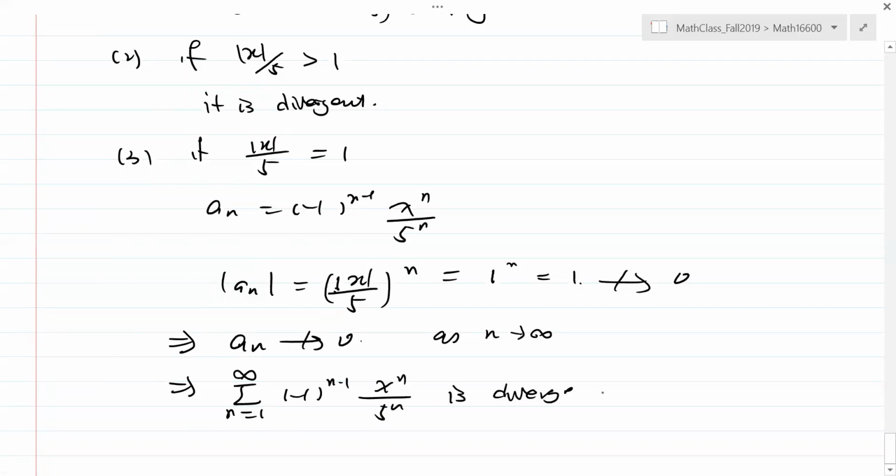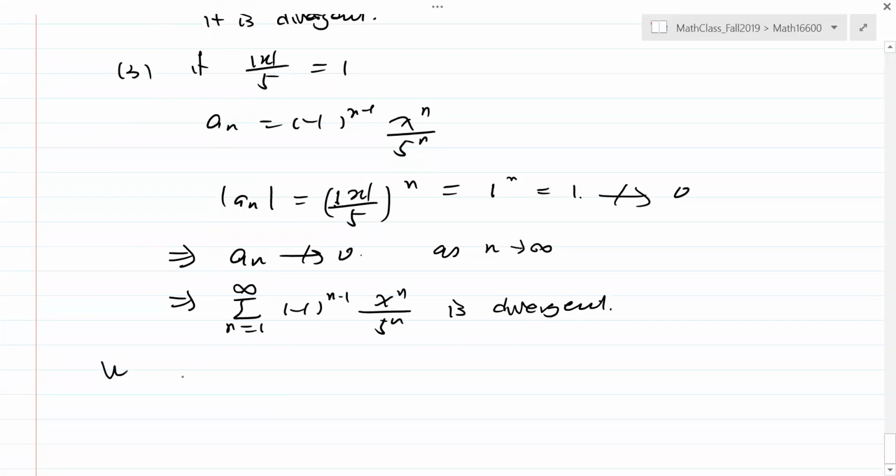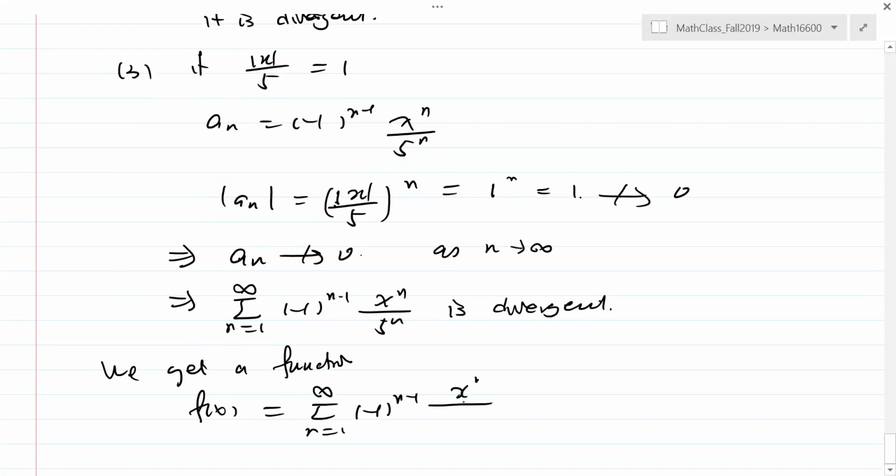In this case, it is divergent. Now we get a function, which is defined by this. Good.